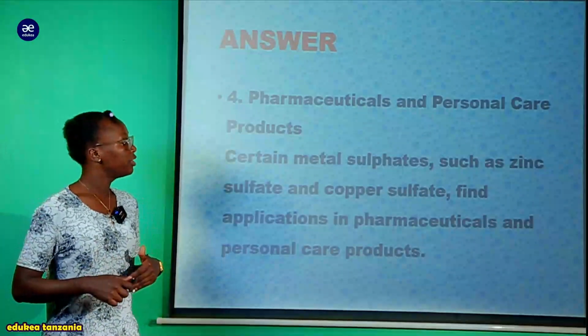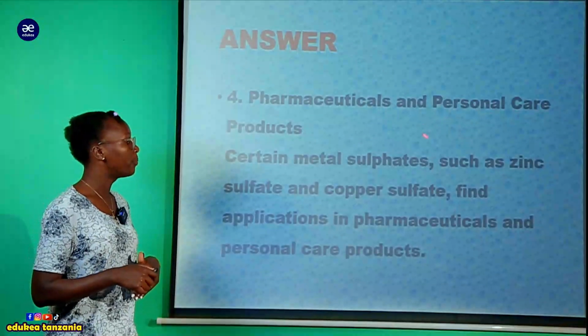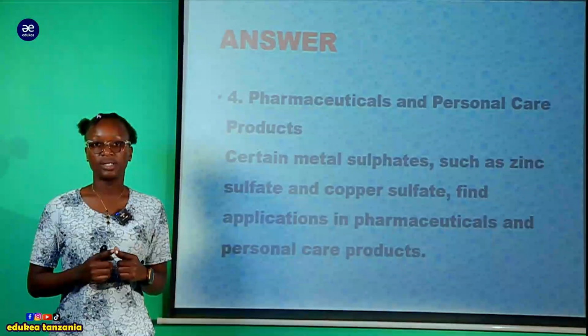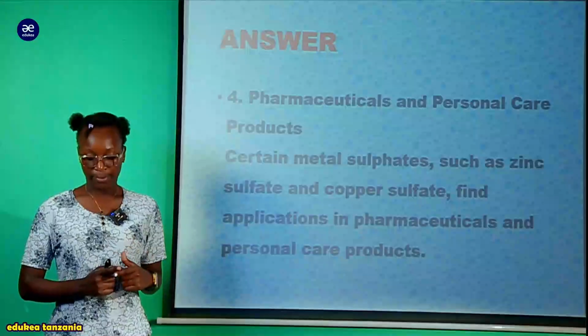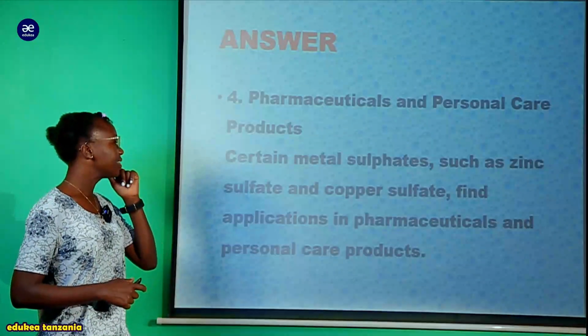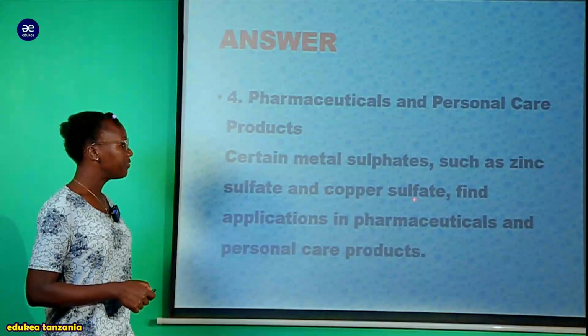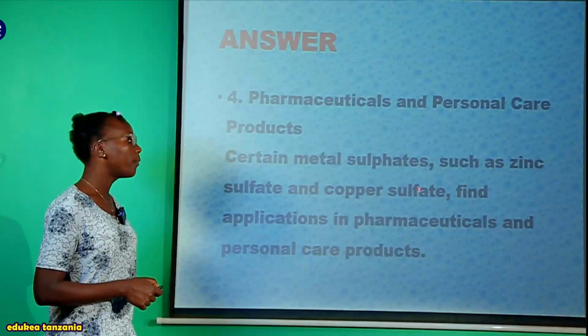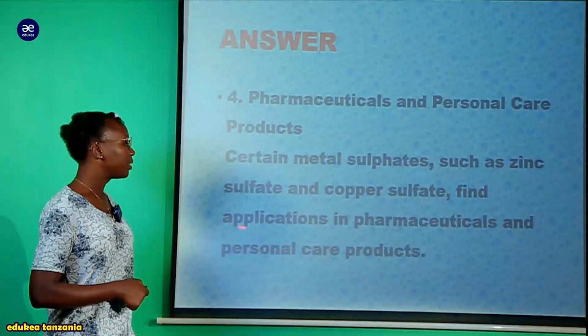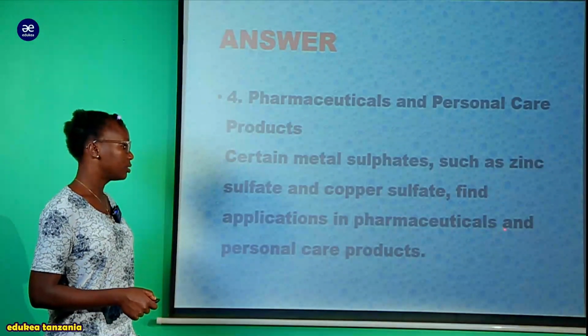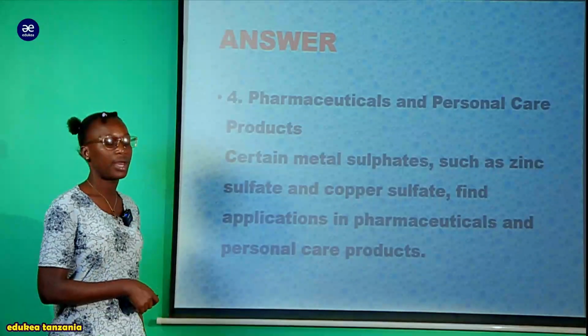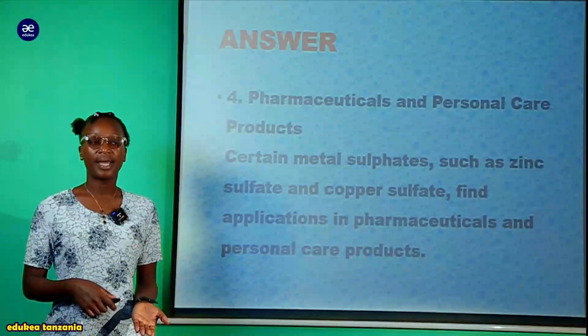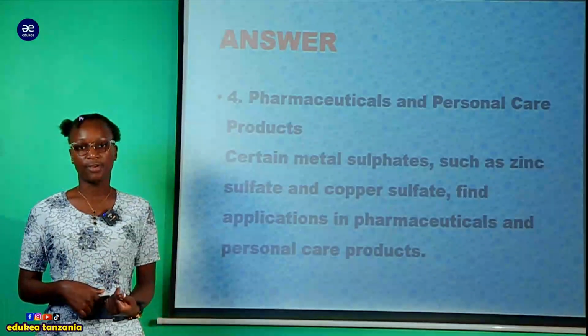Lakini pia not only pharmaceutical, there is issue of personal care product. So simply we can see that certain metal sulfates such as zinc sulfate and copper sulfate find applications in pharmaceuticals and personal care product. Zinc sulfate, lakini pia tuna hiyo copper sulfate.